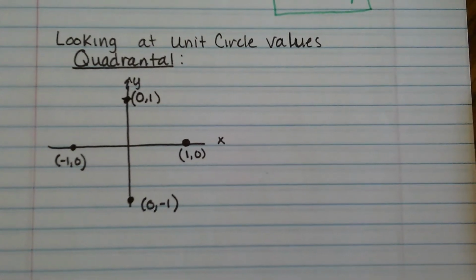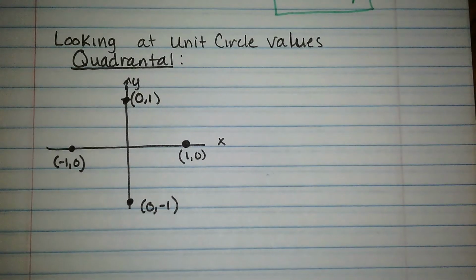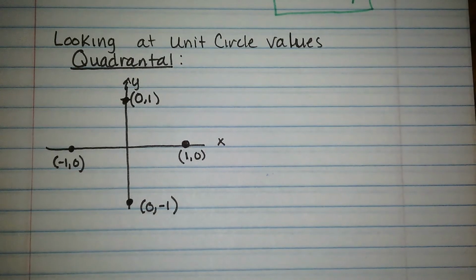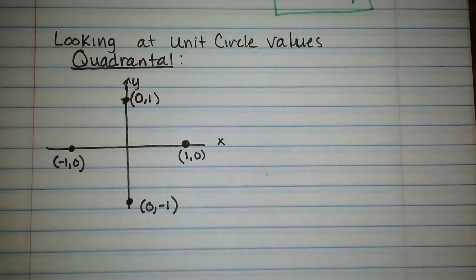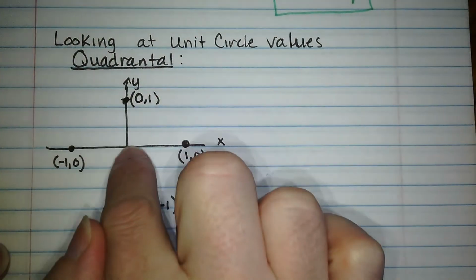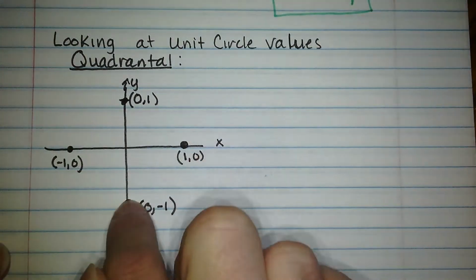So what we're going to do now is take a look at our quadrantal angles and see how sine, cosine, and tangent fit in using our ratios that we just talked about. Quadrantal ones are the easy ones, and I'll explain why. First of all, quadrantal angles literally live on the unit circle on the axes.